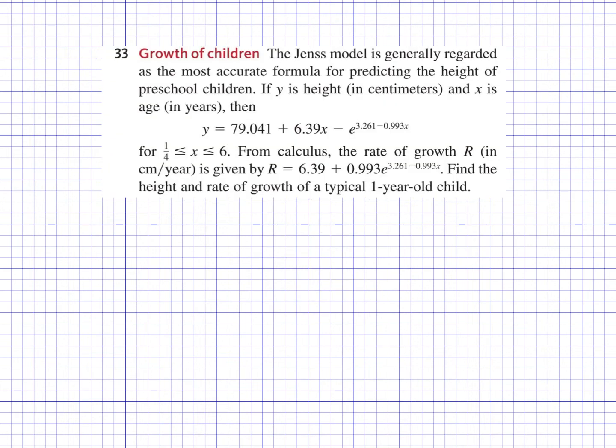Remember, we're just simplifying. All right, growth of children. So the Jenss model is generally regarded as the most accurate formula for predicting the height of preschool children. If y is height in centimeters and x is age in years, they give you the actual formula you need. x is between 1/4 and 6, so x is the age, from a quarter of a year old to 6 years old.